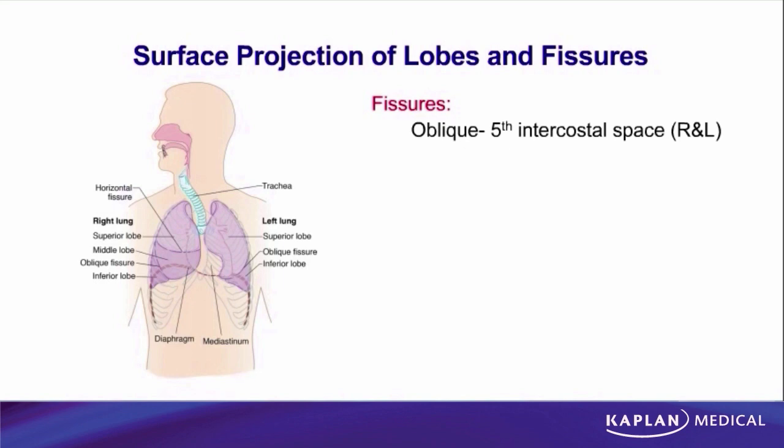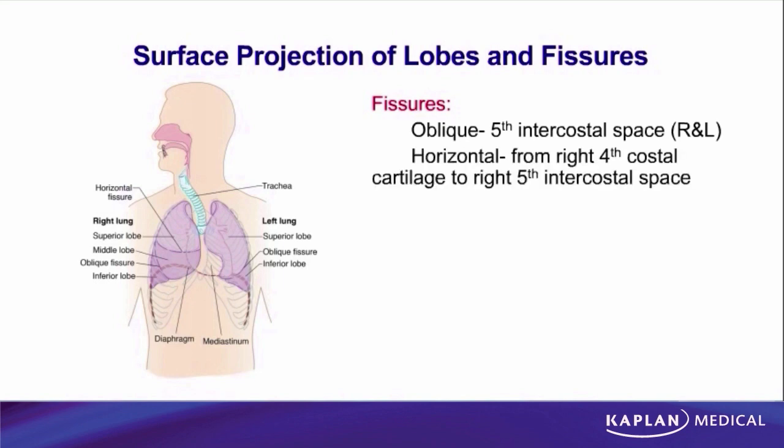The horizontal fissure, which is only found on the right side, is horizontal. That's why it's called the horizontal fissure. But because it's horizontal, and the ribs and intercostal spaces are oblique, as you follow that horizontal fissure laterally from its origin, it will cross more than one rib.